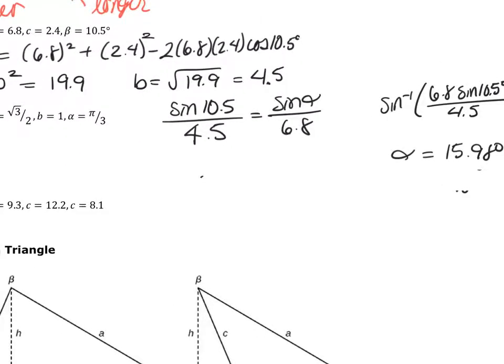So then what does gamma have to equal without doing any work? 180 minus 15.98 minus the side that was given to me, which was just 10.5. So what is gamma?